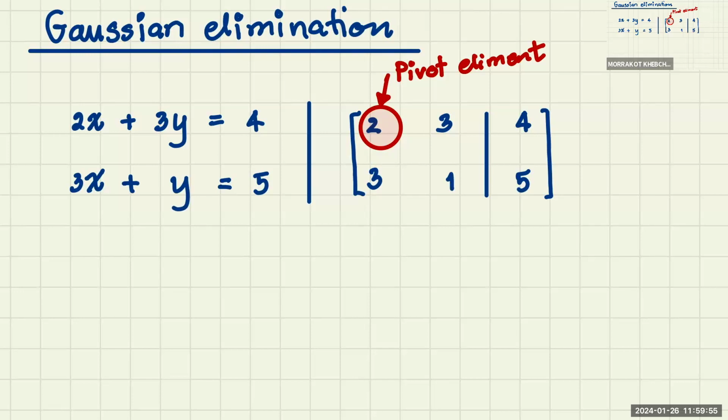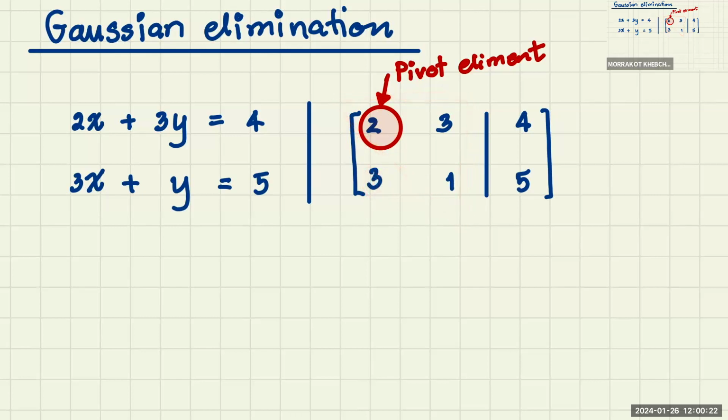And you use this pivot to make the element below the pivot equal to 0. I want it to be an upper triangular matrix, it means the one below has to be 0.